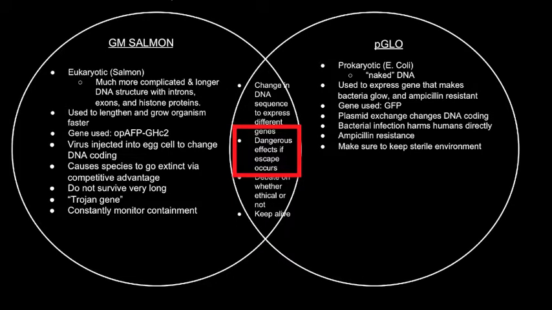For salmon, it's the local environment. It will have harmful impacts on the ecosystem by wiping out the native fish. In terms of pGLO, the bacteria, if someone were to get infected, would cause salmonella to spread, and that's certainly something nobody wants.